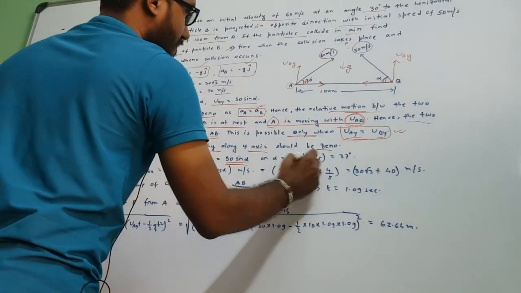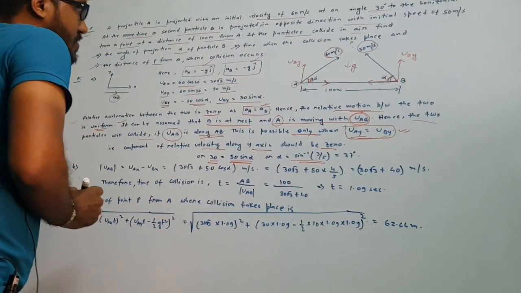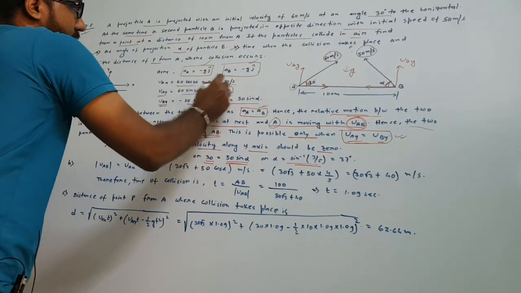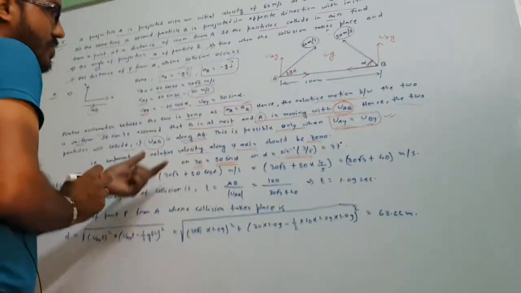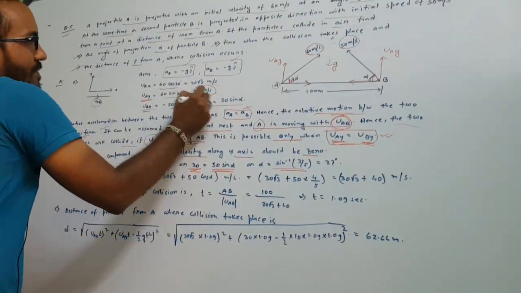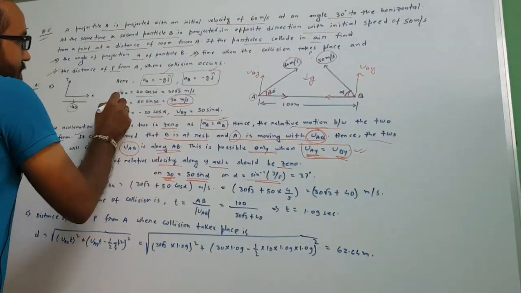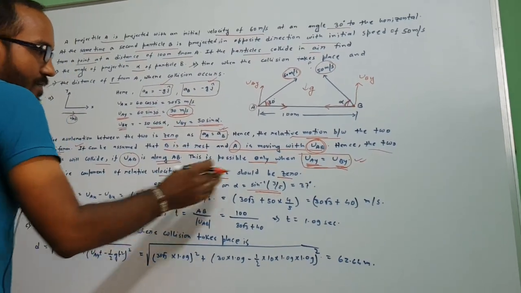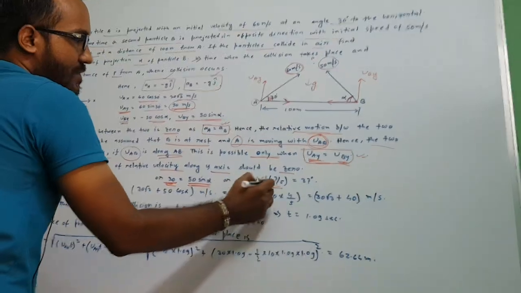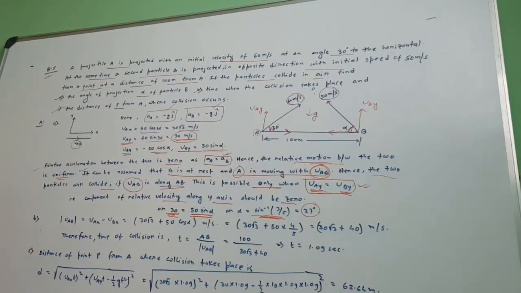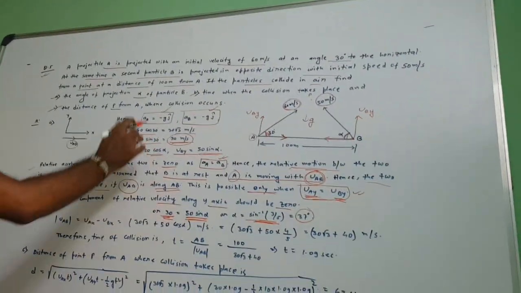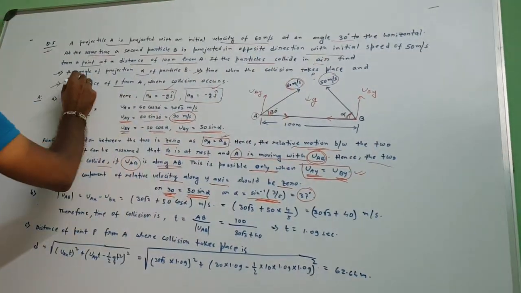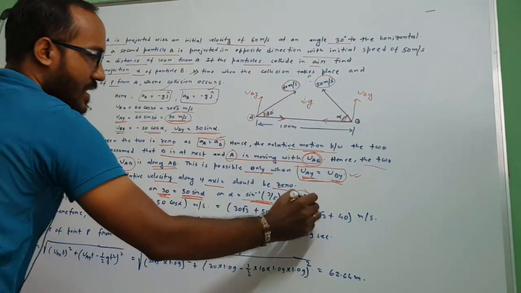What is uay? We have calculated 30, and uby is 50 sin alpha. So sin alpha would be 3 by 5, so alpha is 37 degrees. This is the first answer: the angle of projection of B is 37 degrees.